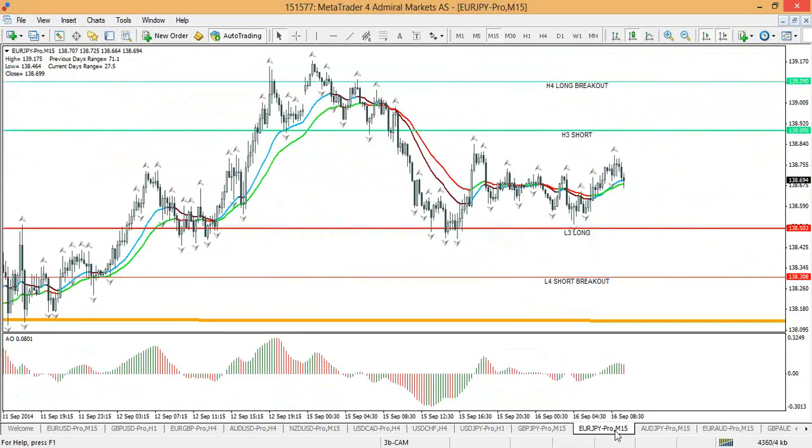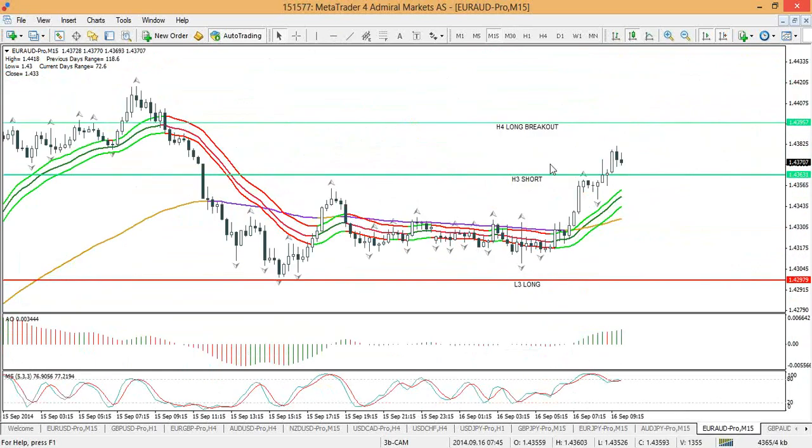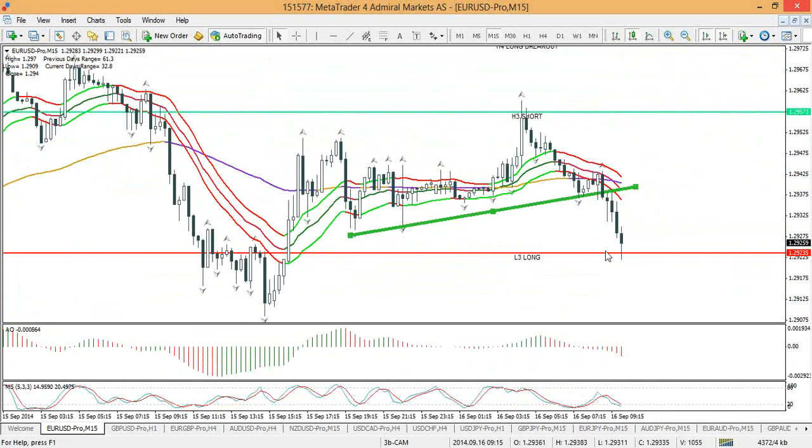Let's see if there's anything. What I'm typically looking for, let me explain this way, is price to break above H3, H4, or below L3, L4, if there's sufficient steam, but not without a pause. For instance, here price is getting to the L3, but I'm not jumping in right away short at the L3 because price already moved substantially on the 50-minute chart at least to the downside before it got to the L3.